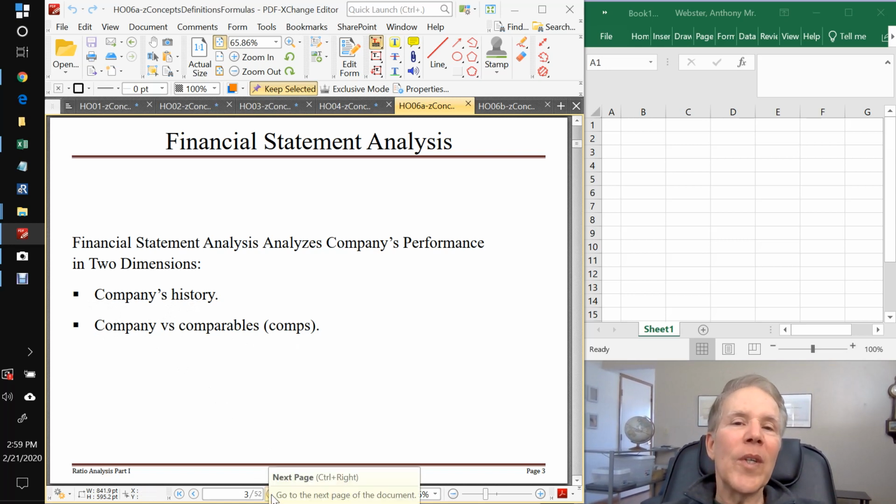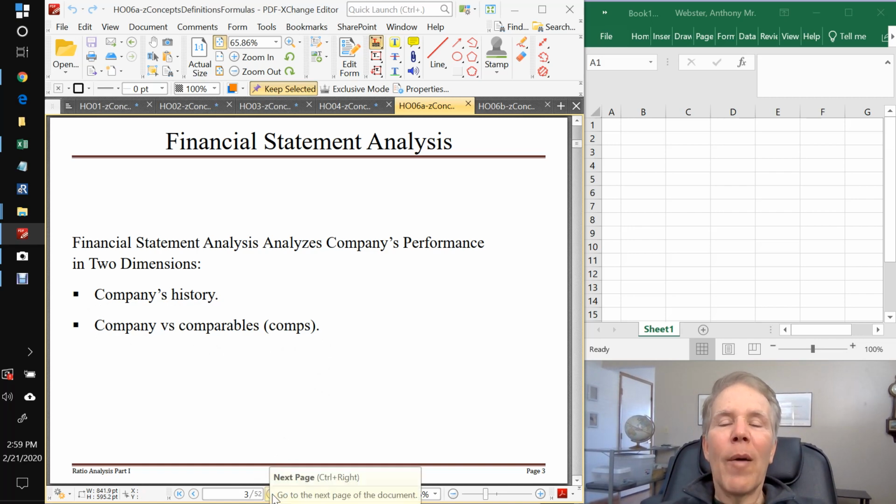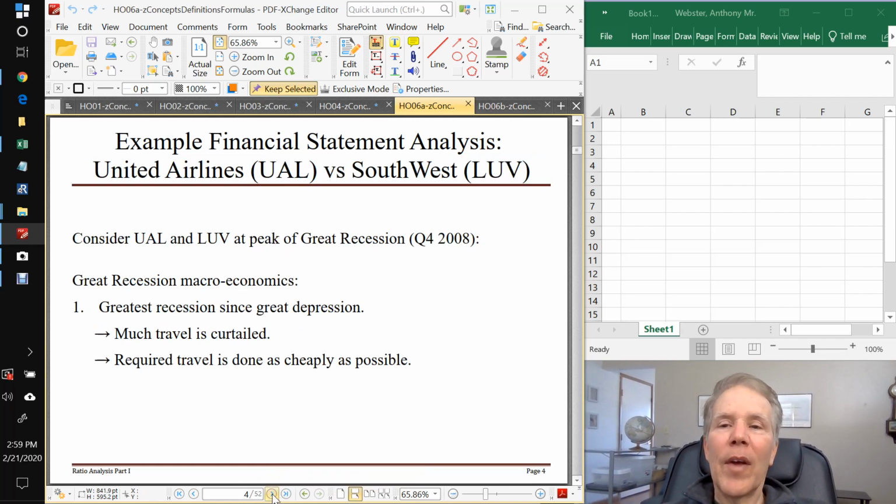I showed you recently a real world example of an analyst report. It was quite a good report that was published in Barron's. And he did exactly this, looked at the company's history, compared it to its comps. He had a lot of great ratios in there. If you have time, I would suggest reading through that.